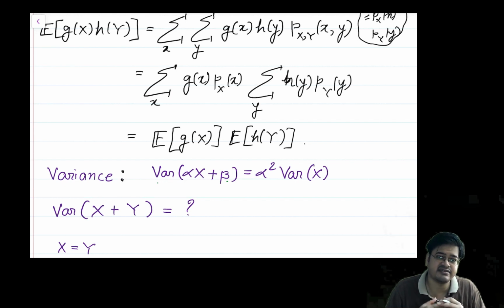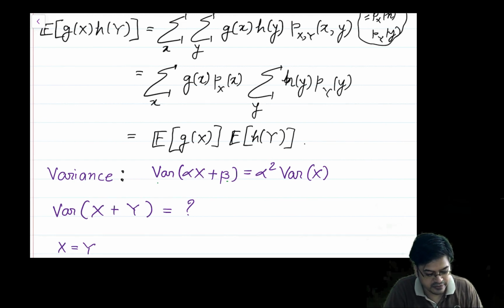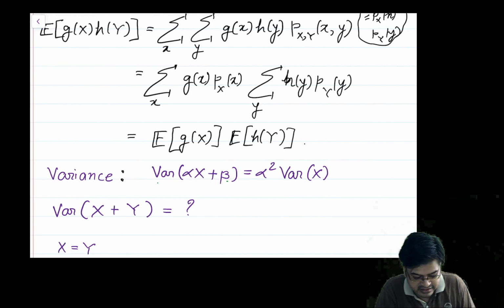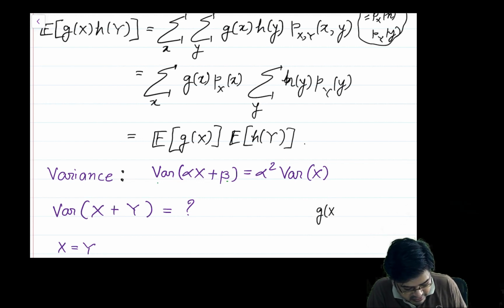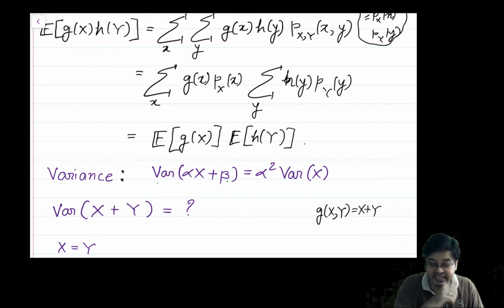Let us take the variance of function of joint PMF, and then we will make sense of variance of joint PMF. Let us first take what will happen to variance of x plus y in general, that is my g(x, y) is x plus y. I can compute this variance, but can I give a formula in terms of variance?